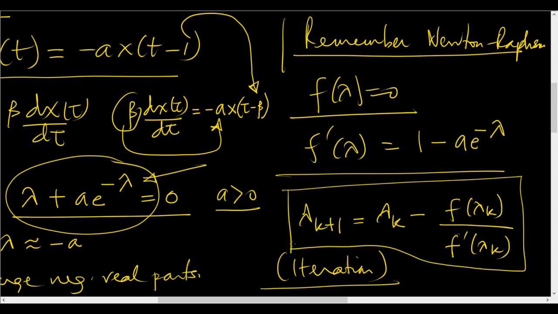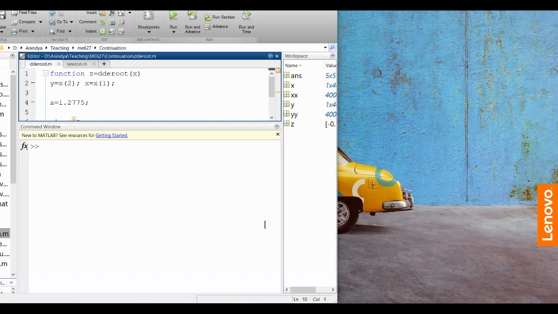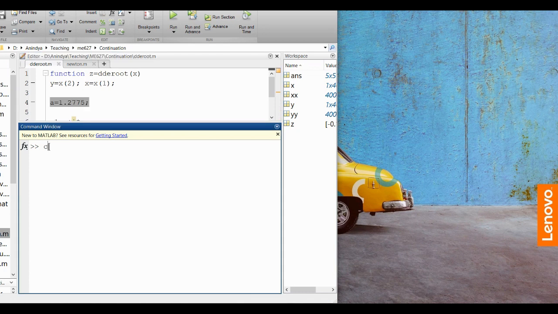So let's turn to MATLAB here, and we will look at this part later, but I have to choose an a. So let me choose a fairly arbitrary a here, clear all, and then say that's a.